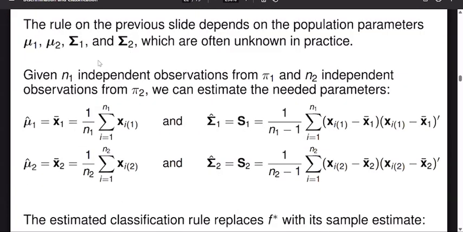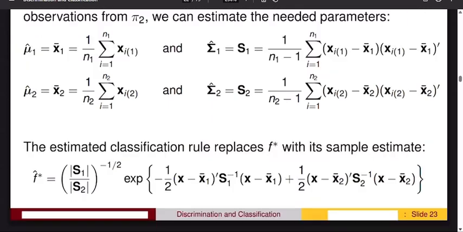All these parameters are actually unknown in practice, so they need to be estimated. That's exactly what you're seeing here. Mu one is estimated using the sample mean, mu two using the sample mean. And we are also estimating the covariance structure for the first group and for the second group.